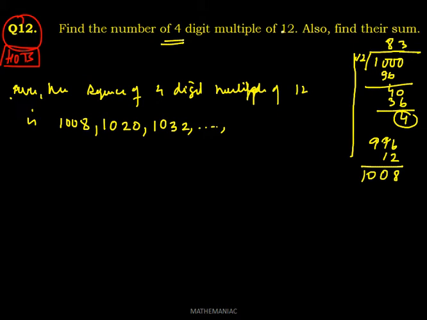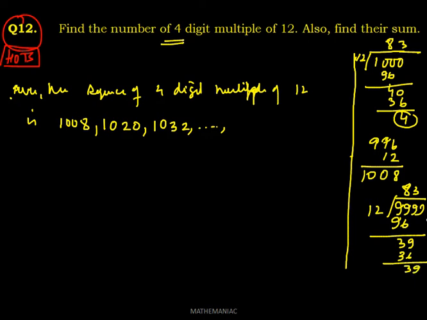And tell me what is the last. For finding the last, same idea. This time you consider the 4 digit highest number and divide. For 12, 8 times 12 is 96, remainder 3, 39, then 3 times 12 is 36, again remainder 3.